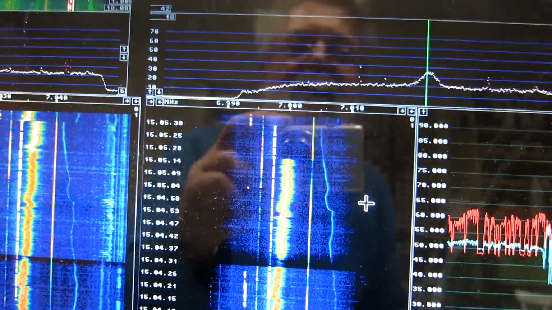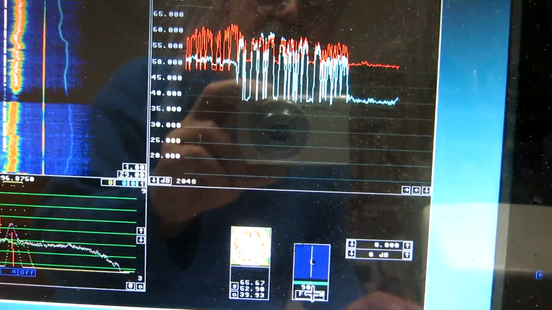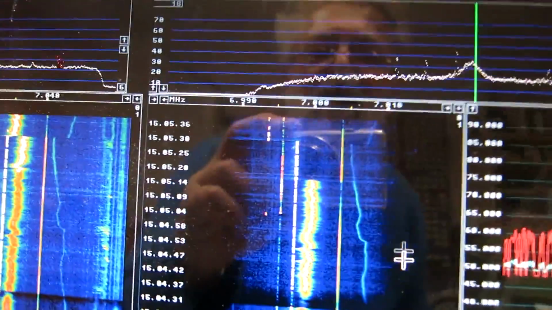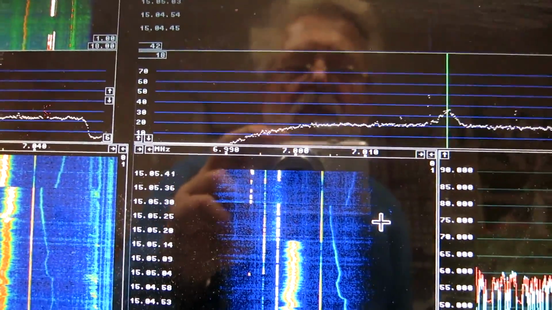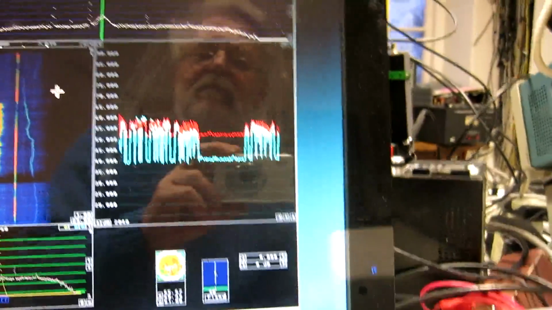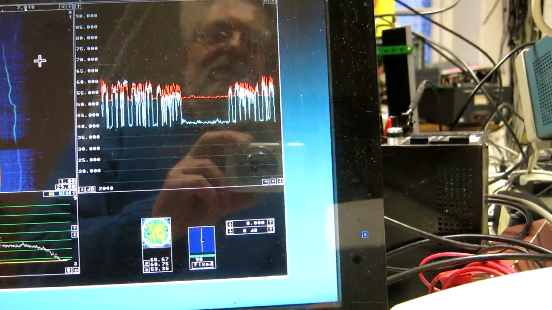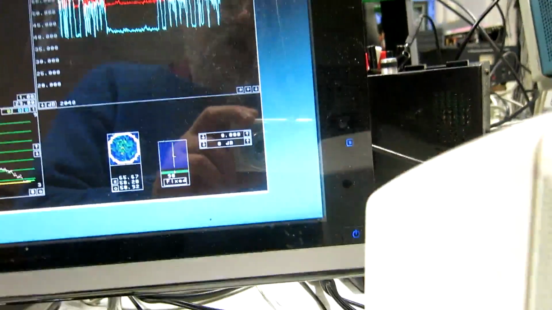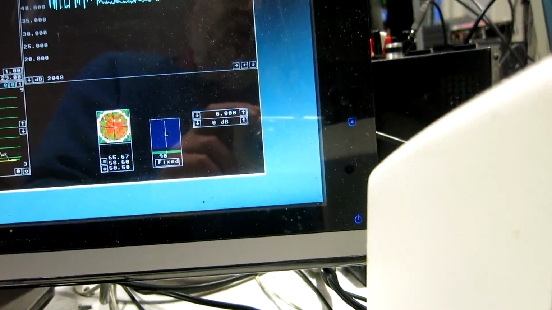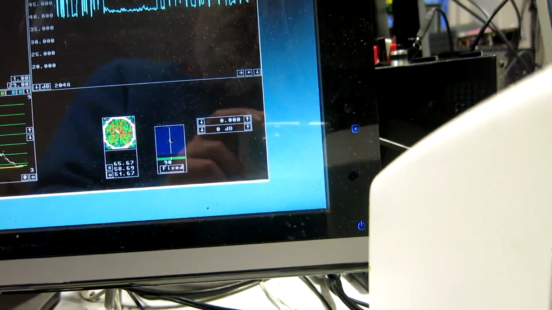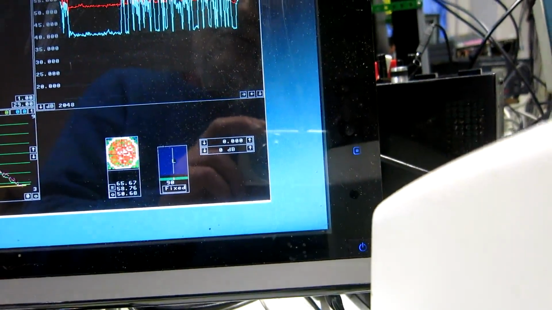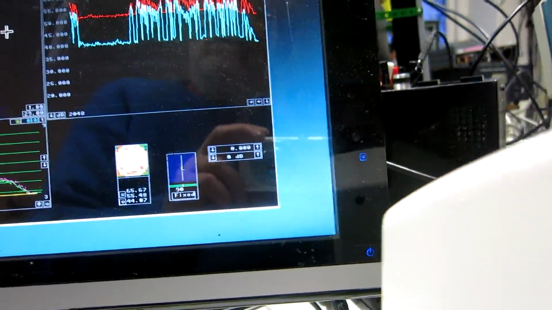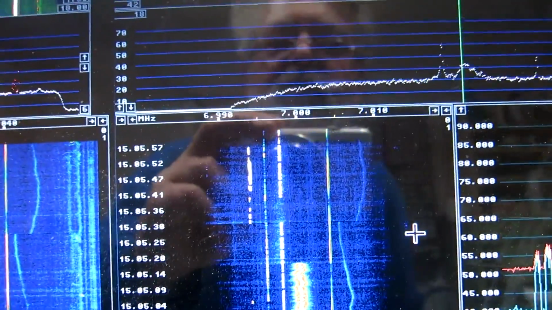But here, since I have set fixed 90 degrees, I'm listening to the opposite, and here the interference is gone completely. And you can hear there is normal noise in the background, not this ugly interference. And it's quite clear from the waterfall.